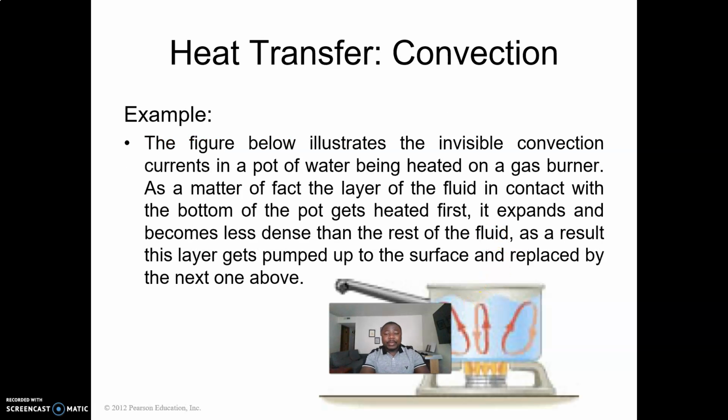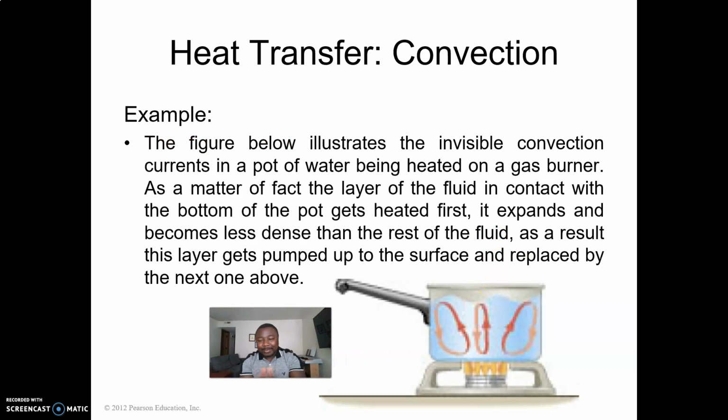An example we have is cooking. If you have the pot and we have the source of heat here, what happens is the area underneath, at the bottom of the pot, gets heated up, and as a result it becomes less dense than the area at the top.